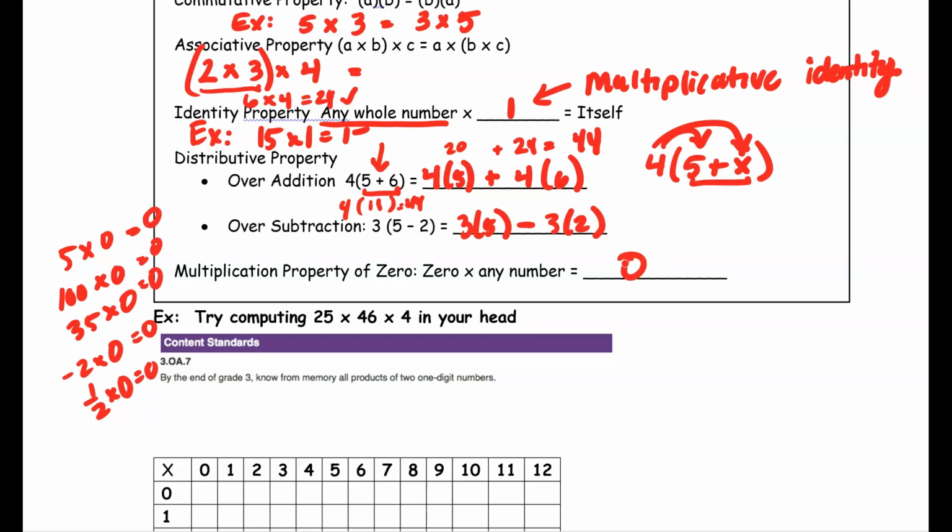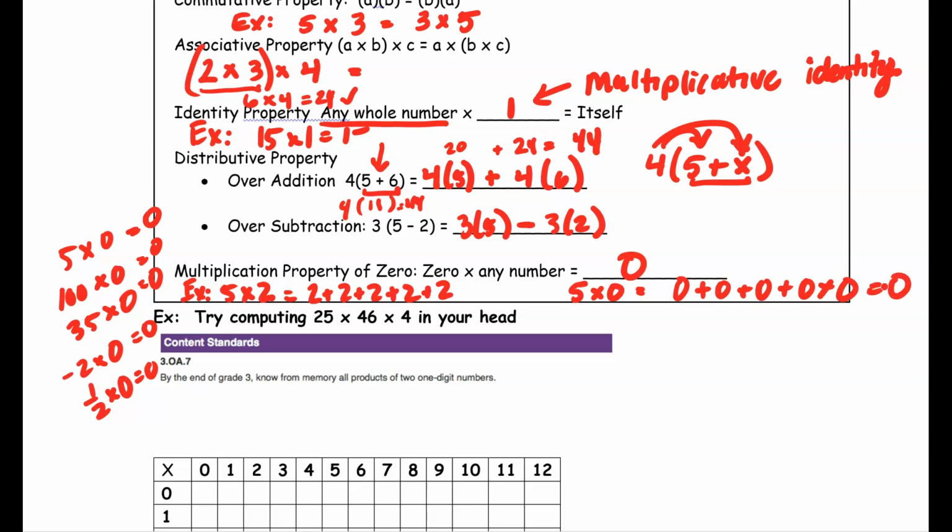Okay. Why? Think of multiplication in terms of groups. If you think about the problem 5 times 2, you could think of this as, I have 5 groups of 2. So that's like 2 plus 2 plus 2 plus 2 plus 2. I've got 5 groups, and that makes 10 altogether. If you have 5 times 0, you could think of it as 5 groups of 0: 0 plus 0 plus 0 plus 0 plus 0.